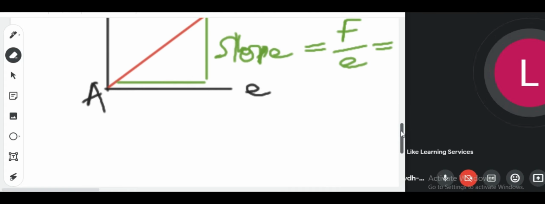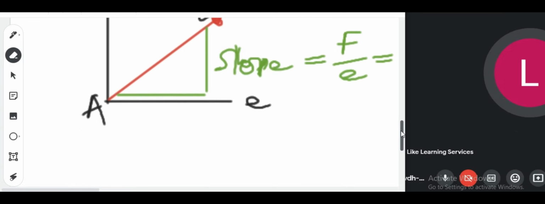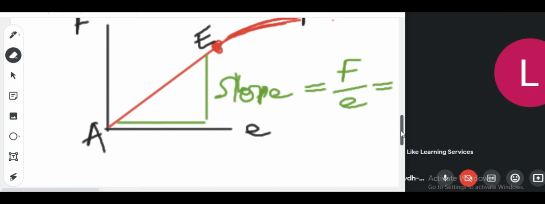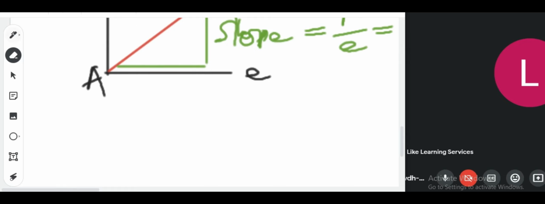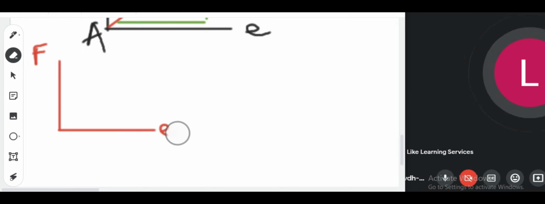Another concept we look at is stress, strain, and the Young modulus. For this graph of force against extension, let me make it bigger.